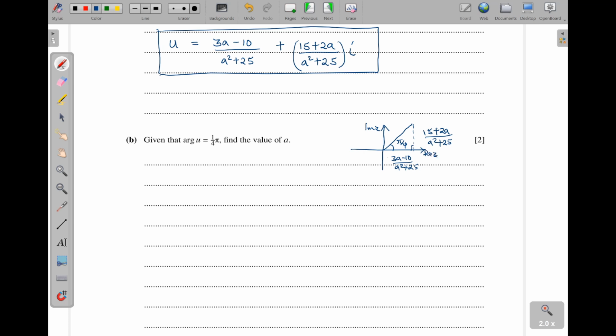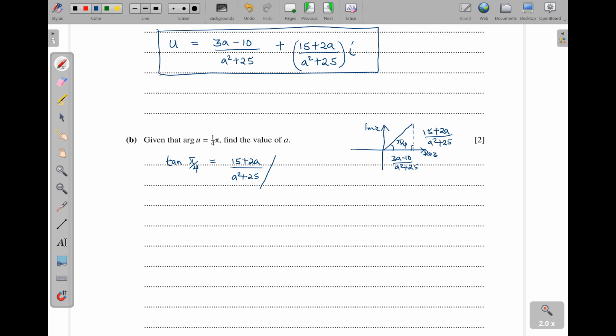Now we need to find that angle. So since this is a right angled triangle, we have the opposite and then the adjacent. Okay? So that will be tan, using SOHCAHTOA. So tan pi over 4 is equal to the imaginary part, 15 plus 2a, divided by a squared plus 25.